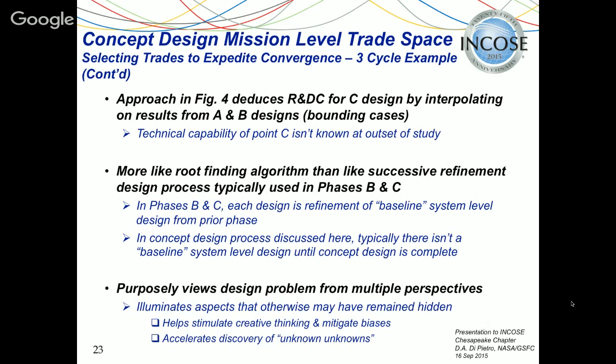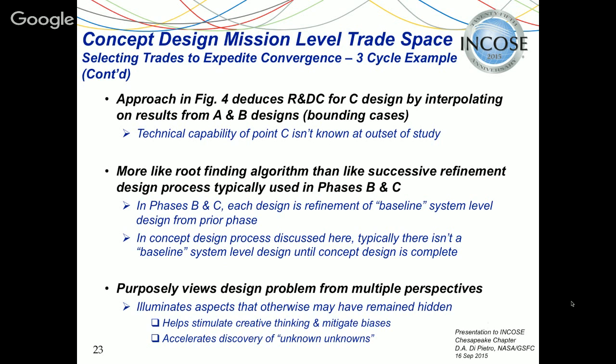Okay, so this is more like a route finding algorithm than it is like the successive refinement design processes typically used in phases B and C. In phases B and C, each design typically is a refinement of the system level design from the prior phase. In the process we're talking about here, typically there isn't a baseline design until the concept design is complete.